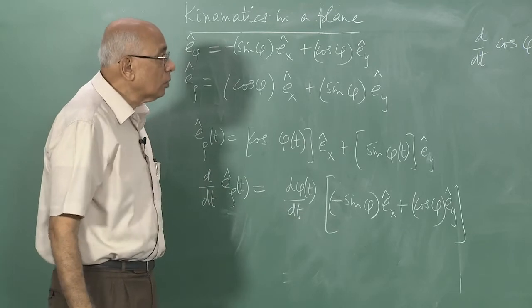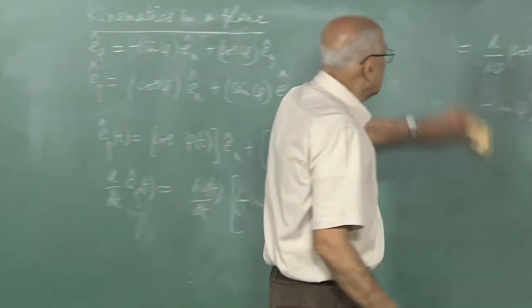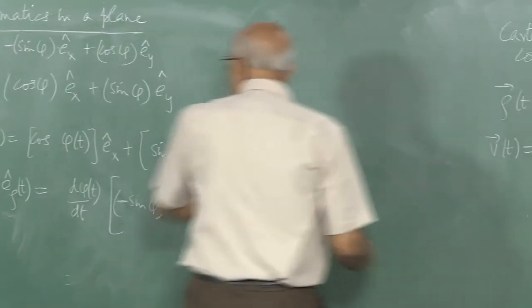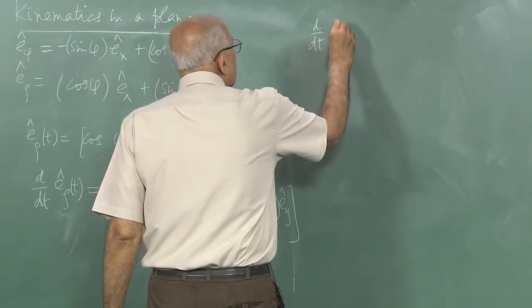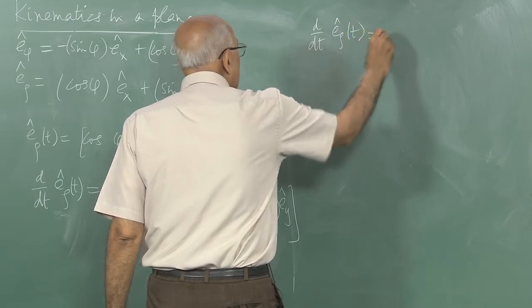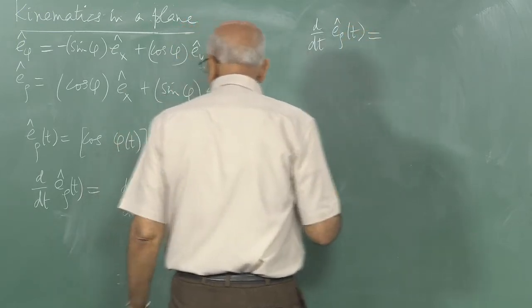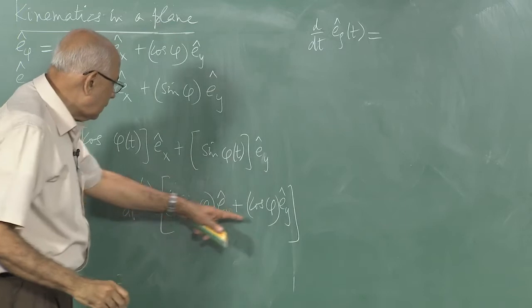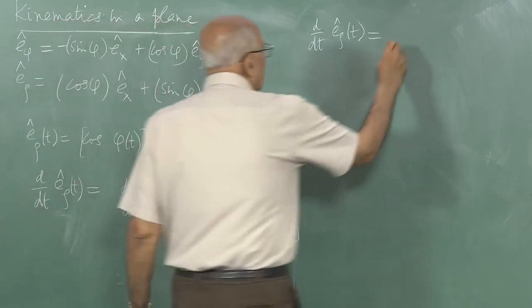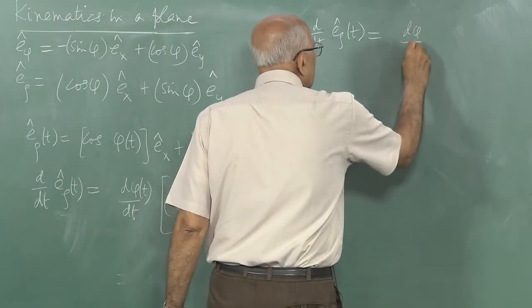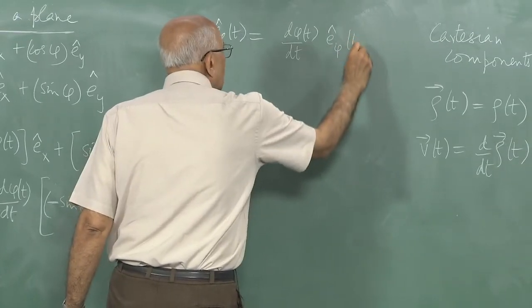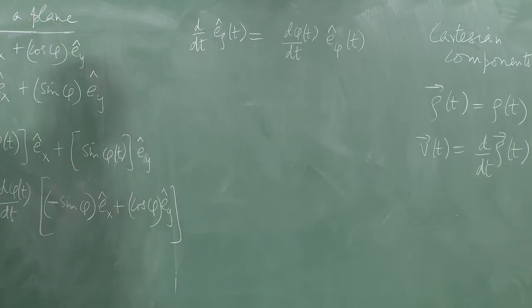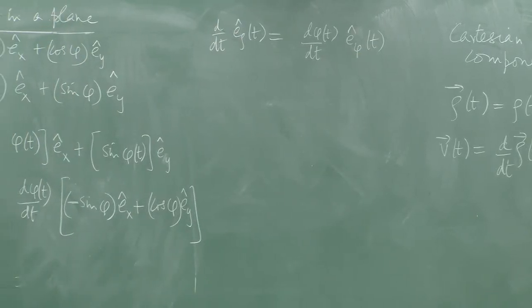So we have a very useful formula which says d over dt of the unit vector in the radial direction as a function of time in general is equal to d phi over dt times E phi, which is of course a function of time. A very useful formula indeed.